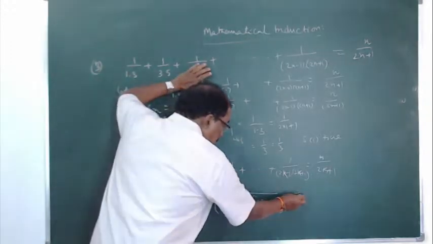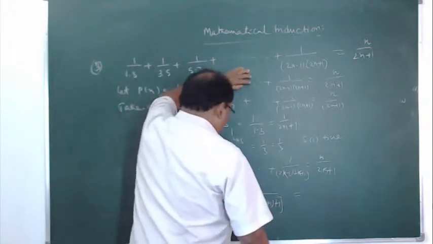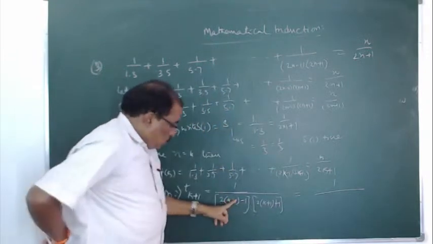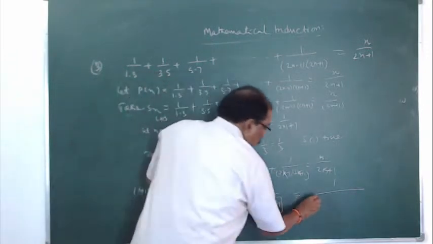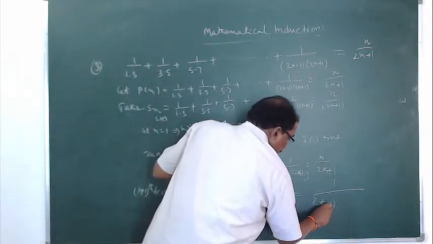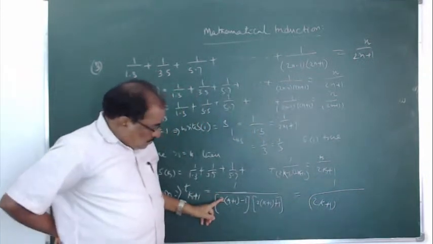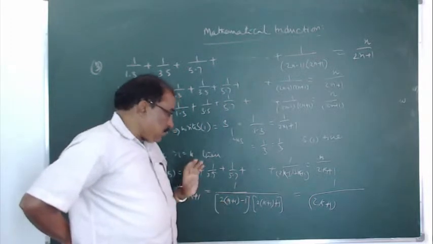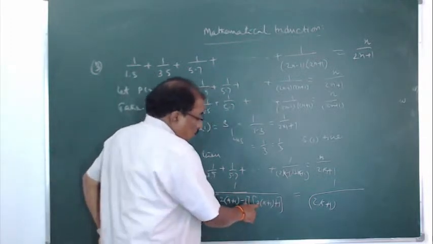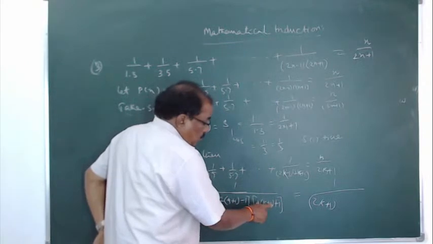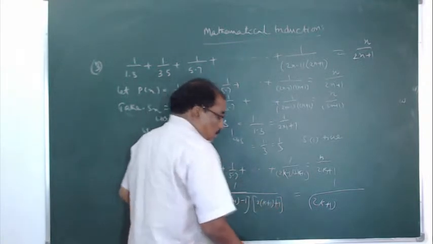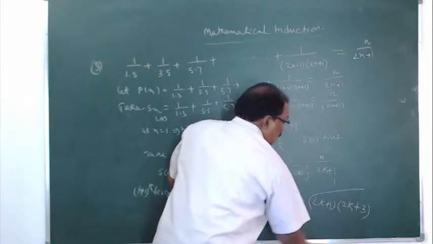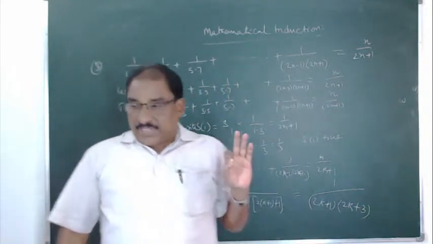Therefore, this is equal to 2k plus 2 minus 1, that is equal to 2k plus 1. And the other factor is 2 into k, 2k, 2 into 1, 2, plus 1, 3, that is equal to 2k plus 3. So, this is the k plus 1 th term.